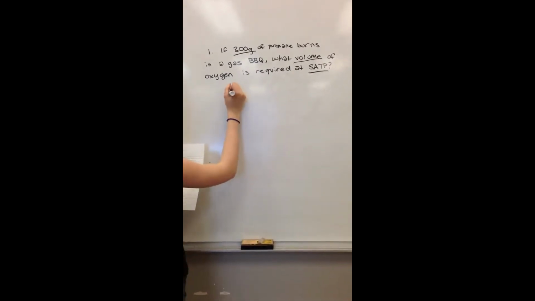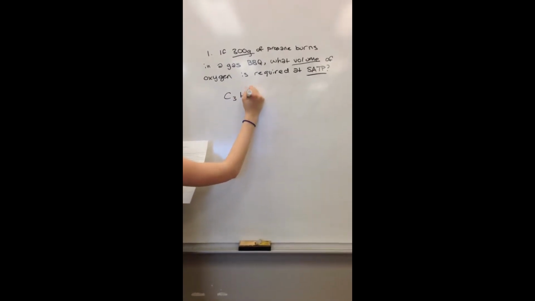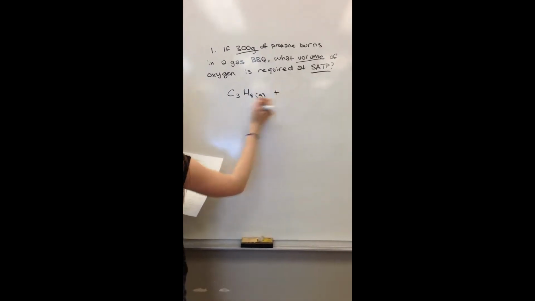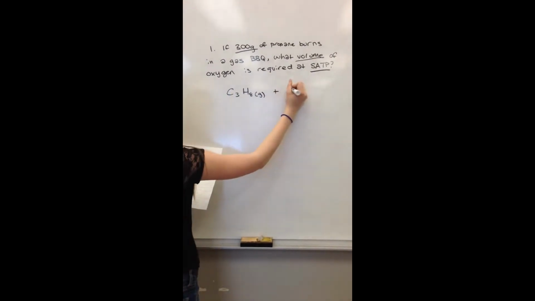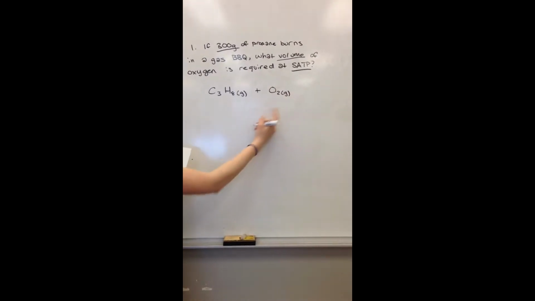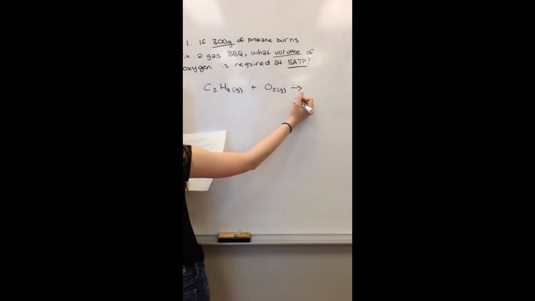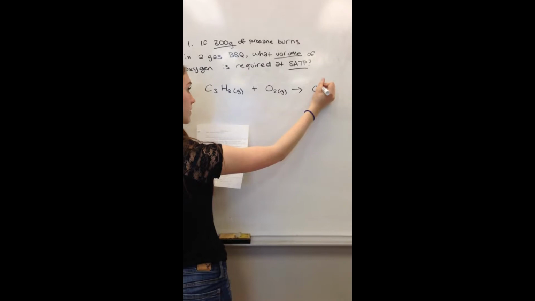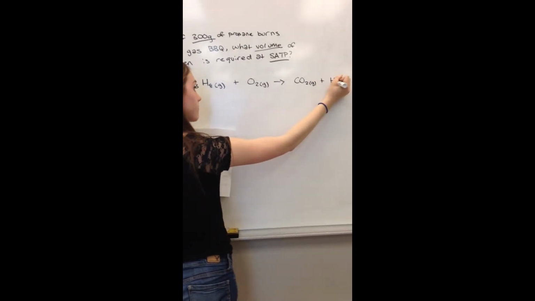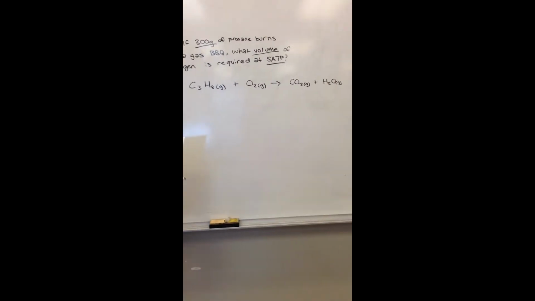So propane has the chemical formula C3H8 plus oxygen. And notice that this is a combustion reaction, so it results in carbon dioxide and H2O. And then we need to balance the chemical equation.